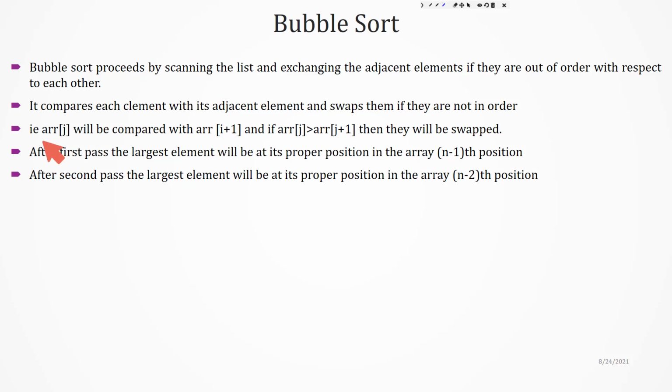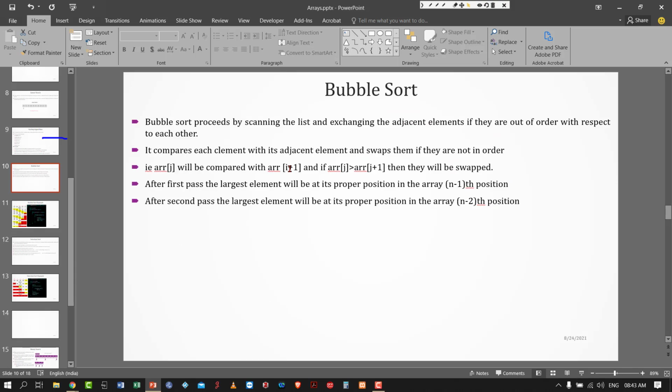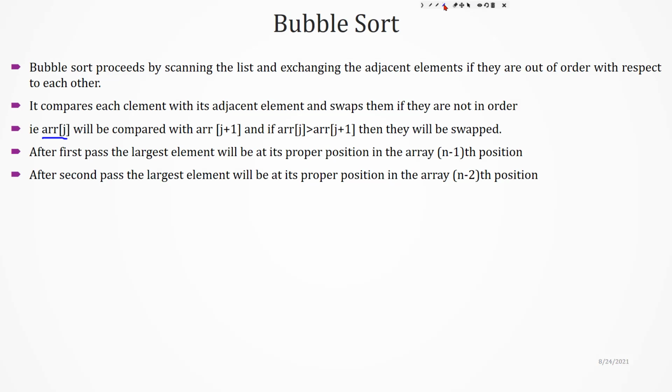That is, ARR of J, which is an array element, will be compared with ARR of J plus 1, and if ARR of J is greater than ARR of J plus 1, then they will be swapped.